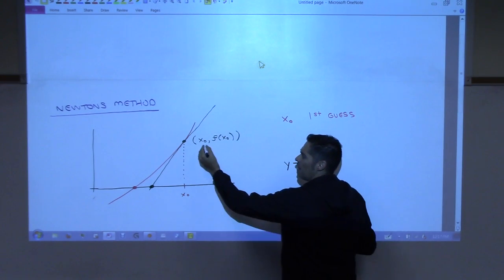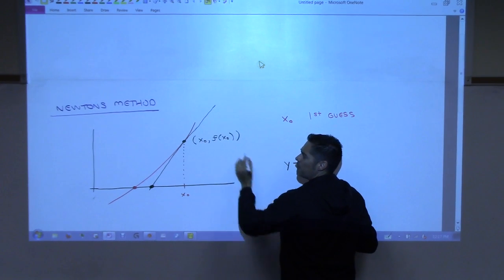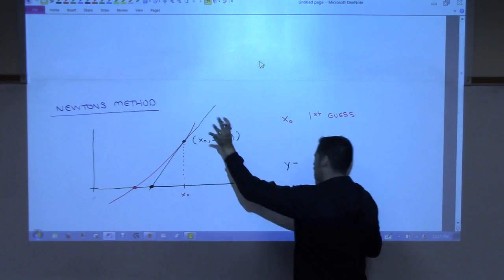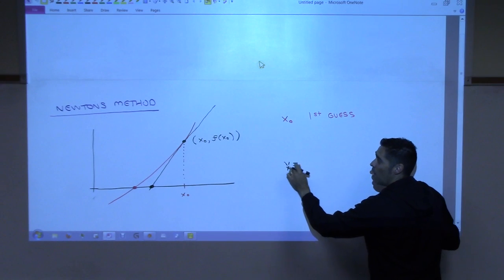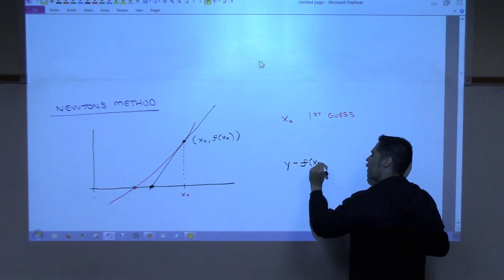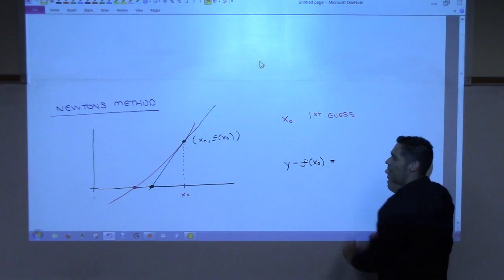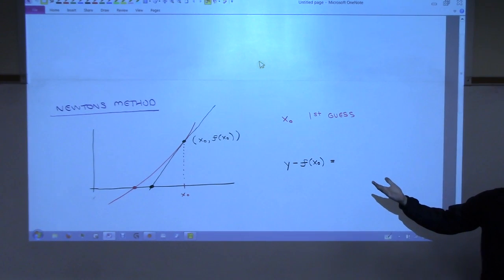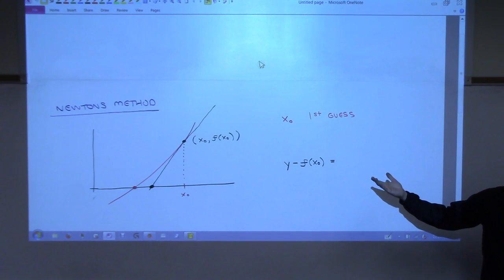So these are two points, right? This is one point. Okay, y minus y1, this is y1, right? Okay, f of x naught equals m. What's the slope of that line? It's the tangent line.